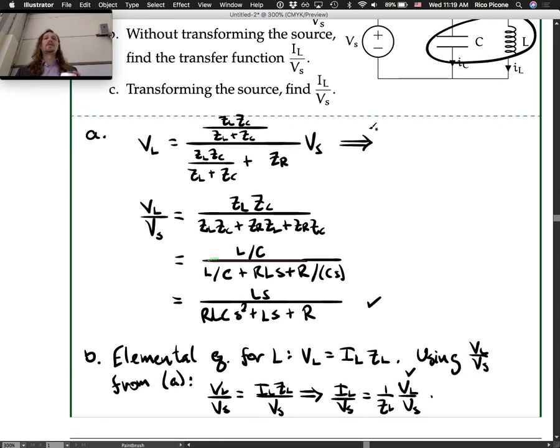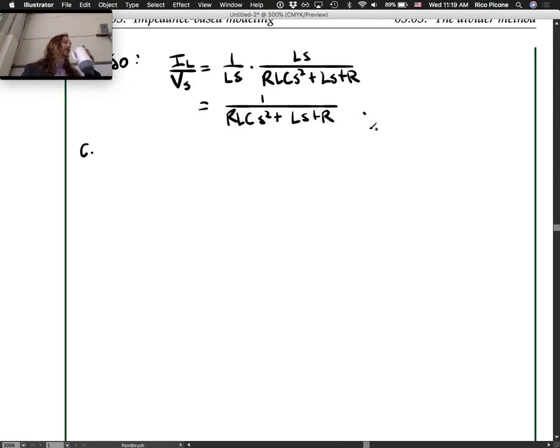So I'll redraw it though. I know, pictures help. So we have transform the source.